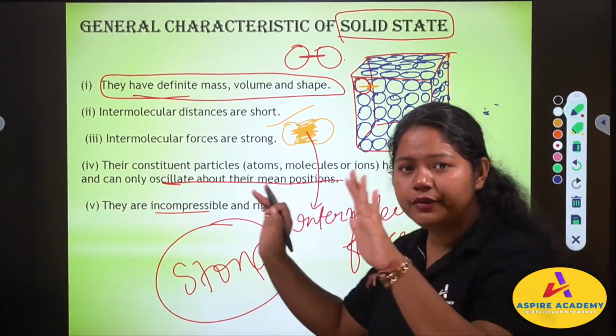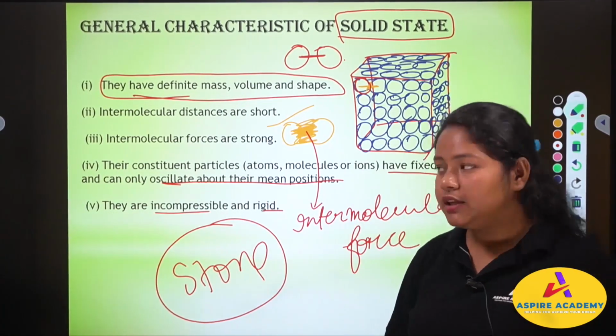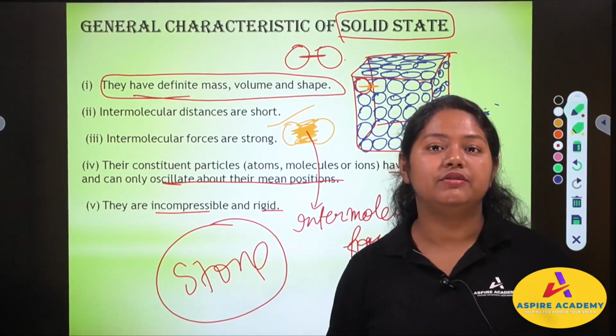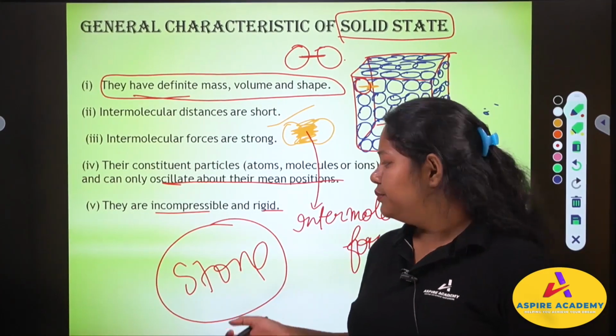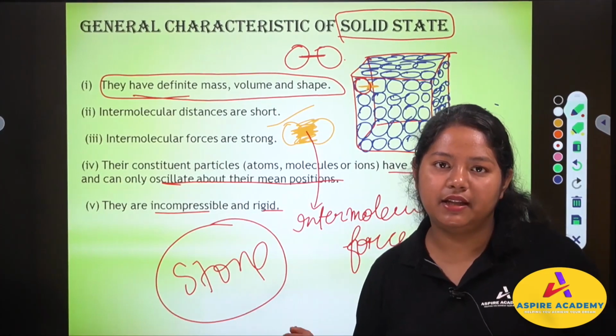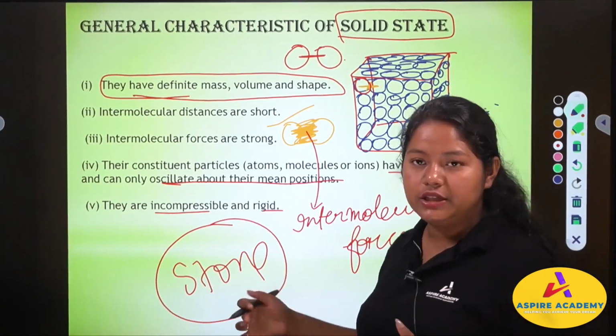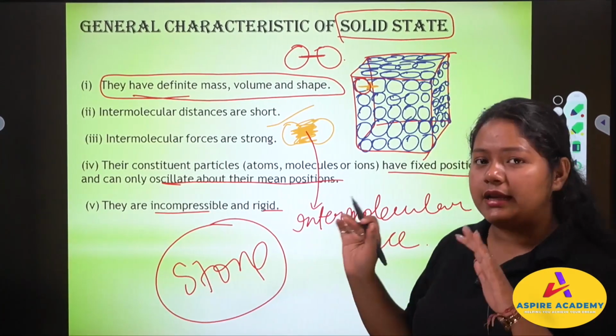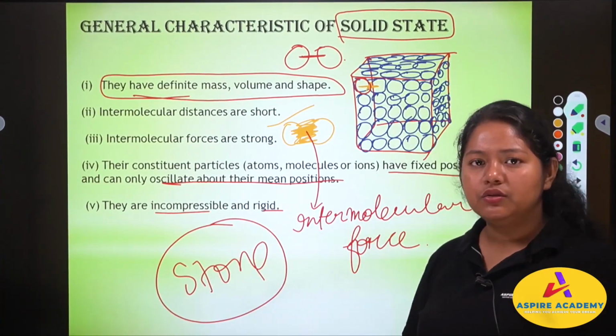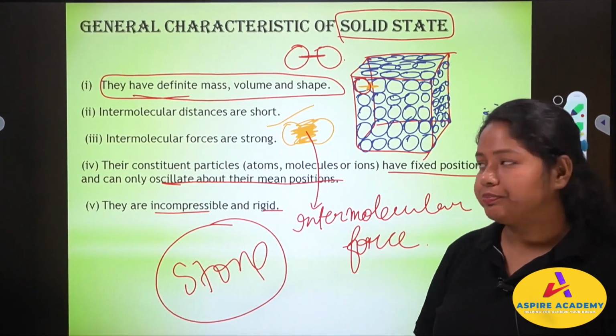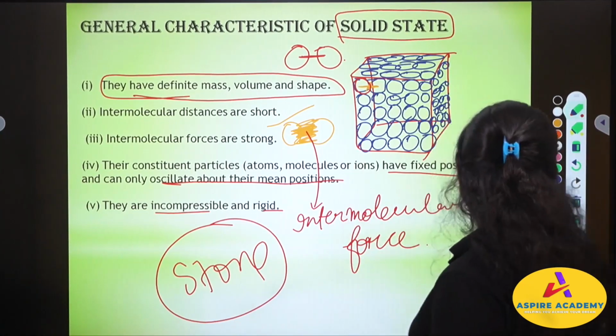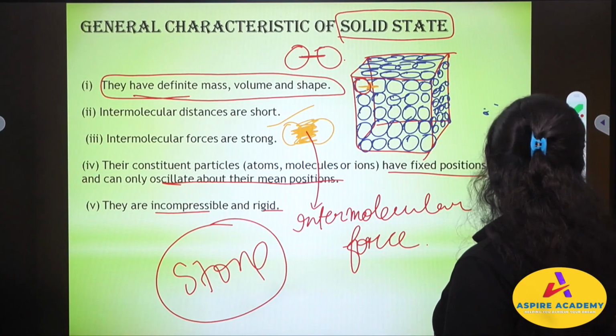Is it easy to push it? Obviously not, and that is rigidity: something that does not want to move from its place. So they are very rigid, and it is very difficult to push a huge solid substance. These were the general characteristics of our solid state.